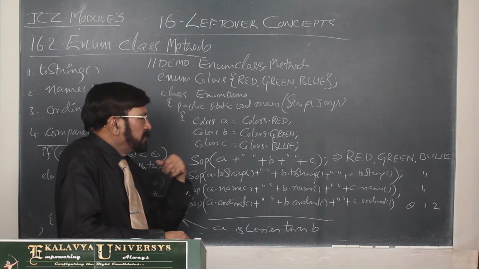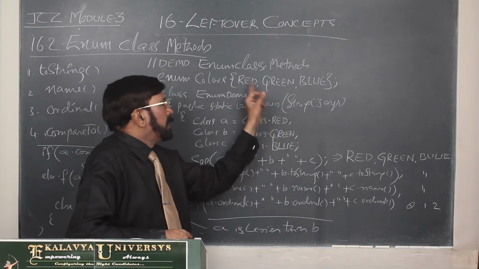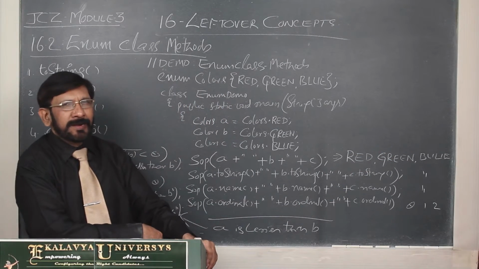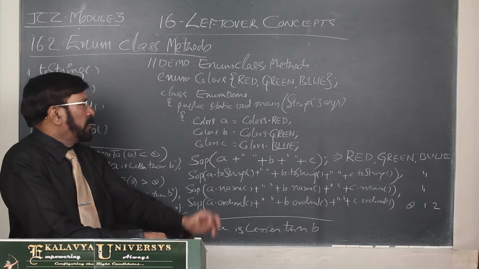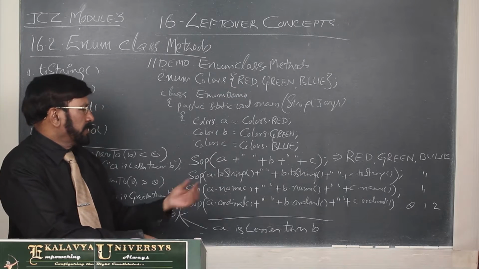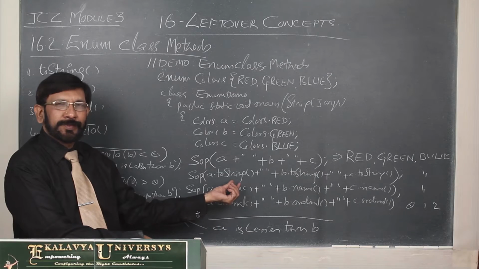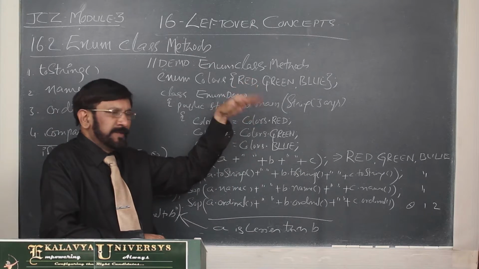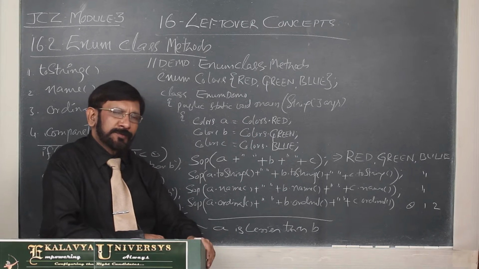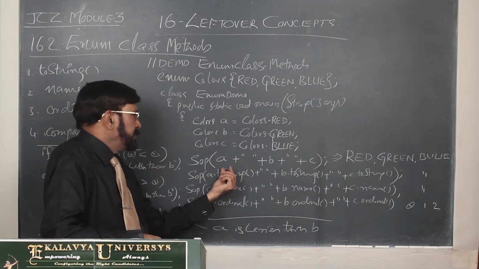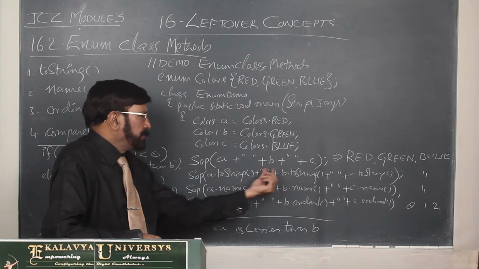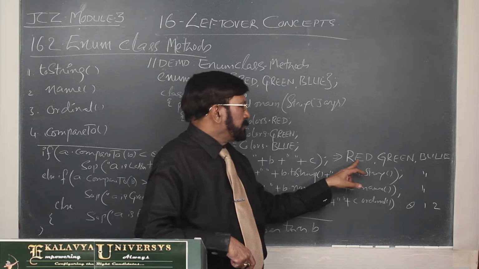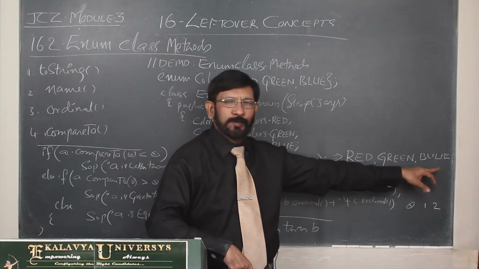Obviously red, green and blue are printed. The alternative way of printing the same values is A.toString. toString means whatever value you give, even if it is some other value, it is converted to a string. A.toString, B.toString, C.toString. The result will be red, green and blue.